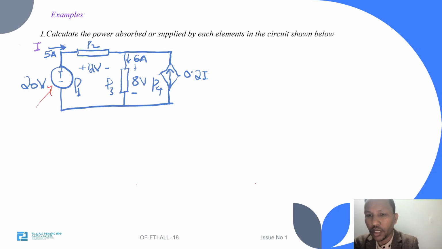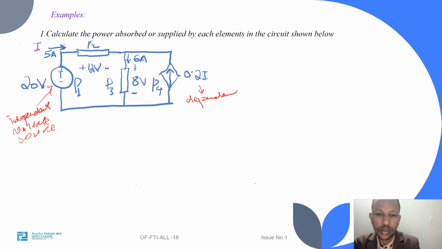This is the independent voltage source, and this one is the dependent current source. As you can see, the circuit has a total of 4 elements. This is the first element, this one is the second element, this one is the third element, and this one is the fourth element in the circuit. The others are the connecting wires.